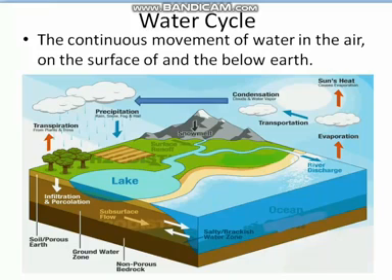So this continuous movement is what we mean by the water cycle. Now let's take a detailed look at how this water is actually circulated between air and the surface of earth, or how this water is circulated in different forms, that's solid, liquid and gaseous form.